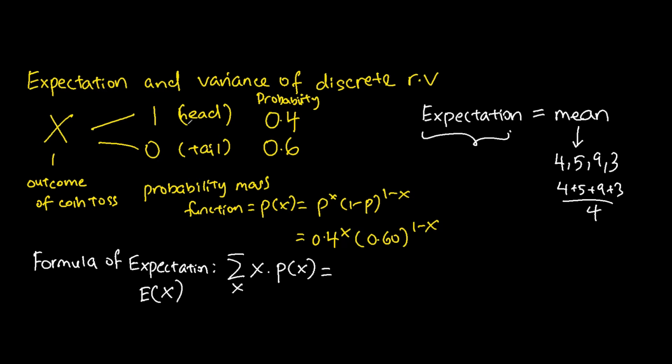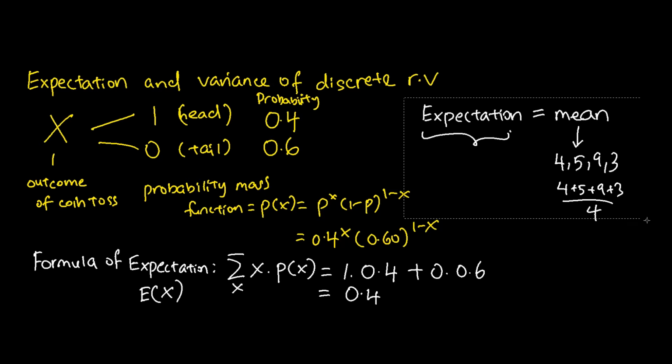For this case, my numerical value 1 takes on the probability of 0.4, plus the numerical value of 0 takes on the probability of 0.6. So it will just be 1 times 0.4, and the answer is 0.4. Which means that my expectation of the value itself is 0.4.